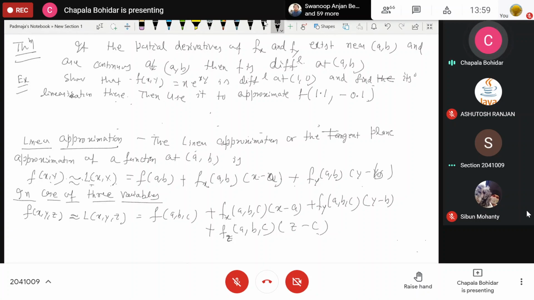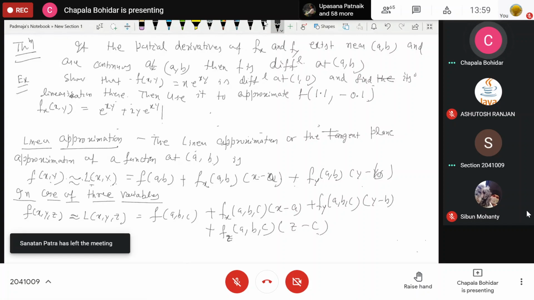First, by using the definition, check whether it is differentiable or not. So you see fx of xy is equal to e to the power xy plus xy e to the power xy.